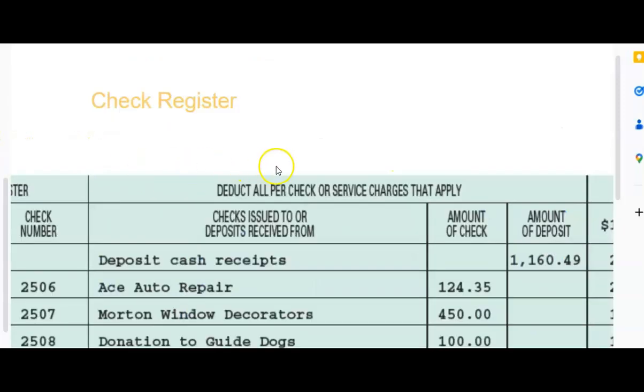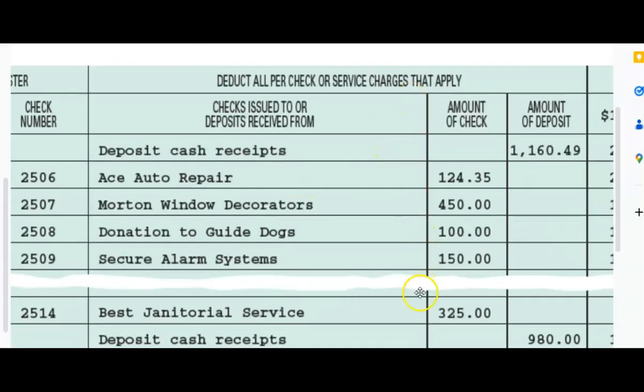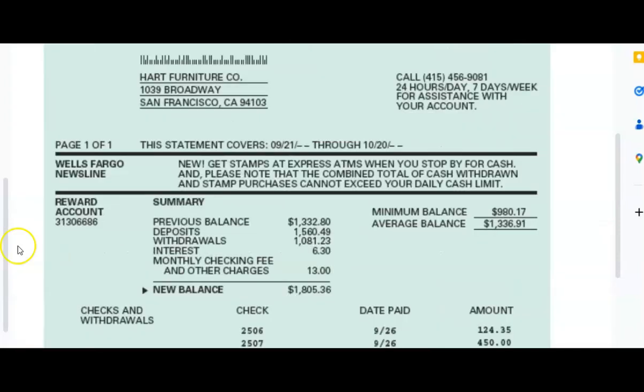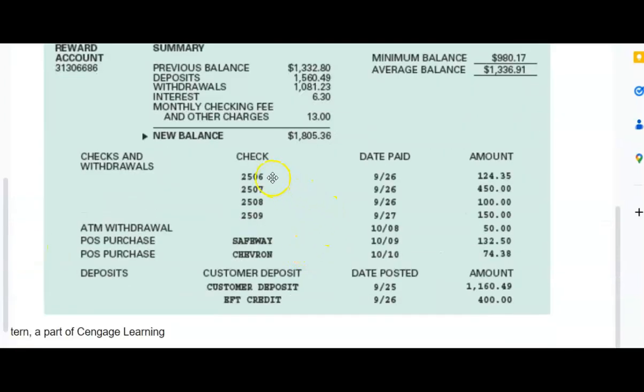Normally in your check register you have an extra column, and it's really small, a little place for you to put a little check mark next to the checks that have cleared in your bank statement. Here we see 2506, 2507, 2508, and 2509, and then check 2514.